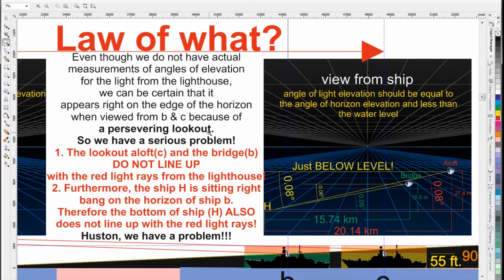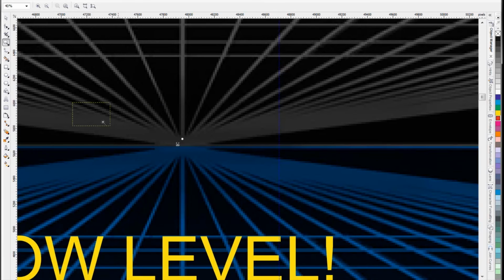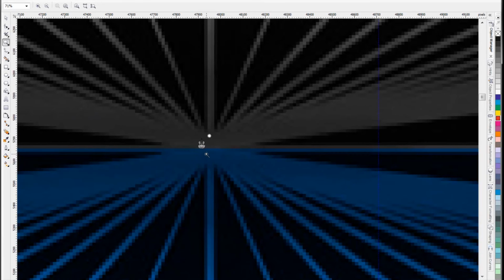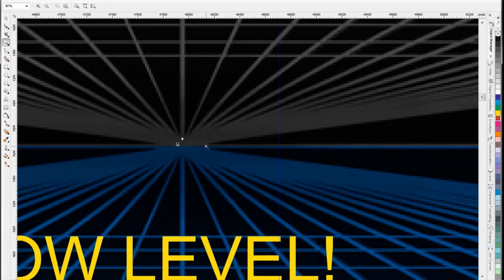And as they stated, the captain at the bridge saw the light when it became visible, not after 10 minutes. So the light appeared on the horizon. There's no point having lookouts, no point having a bridge looking for a light in order to navigate at night and seeing it 10 minutes later. They saw it as soon as it appeared on the horizon.